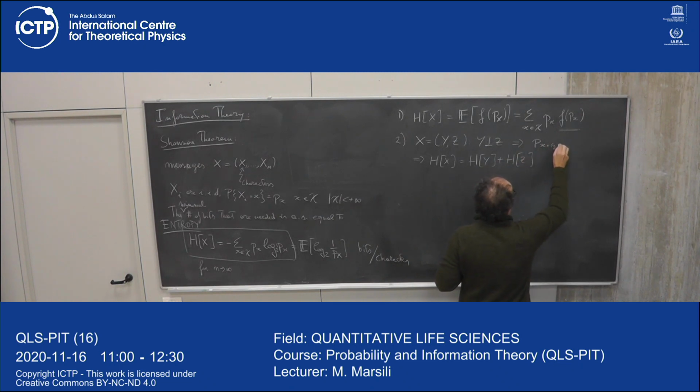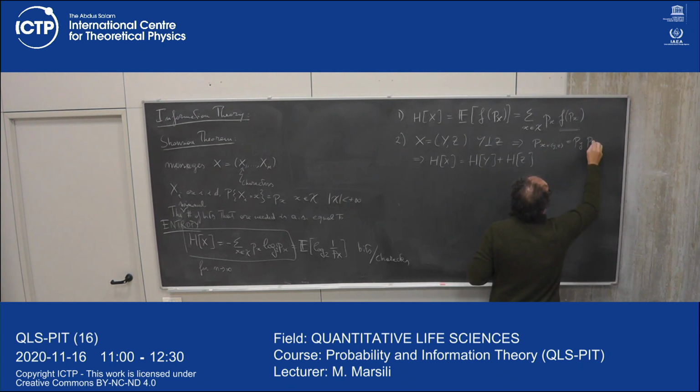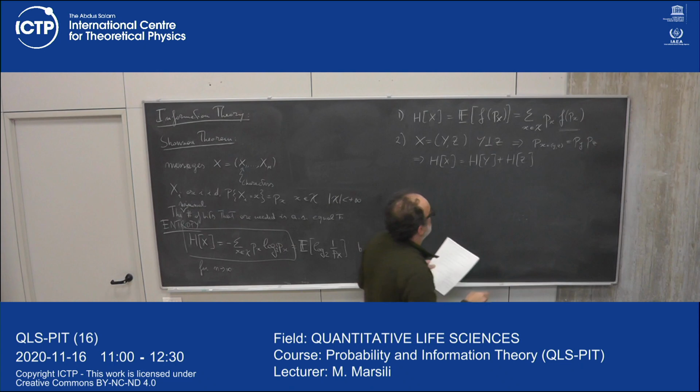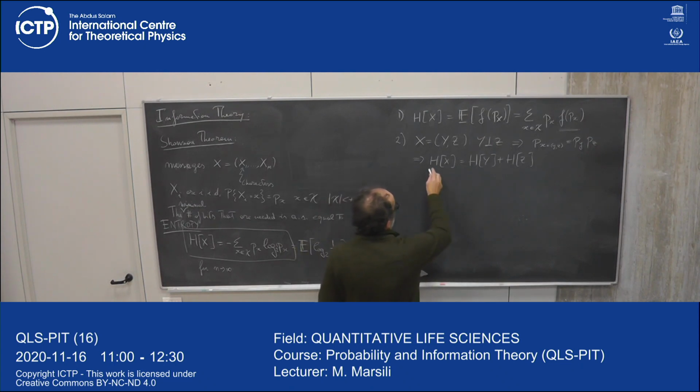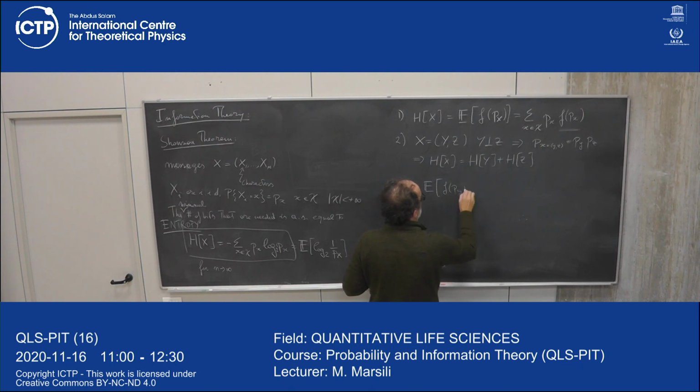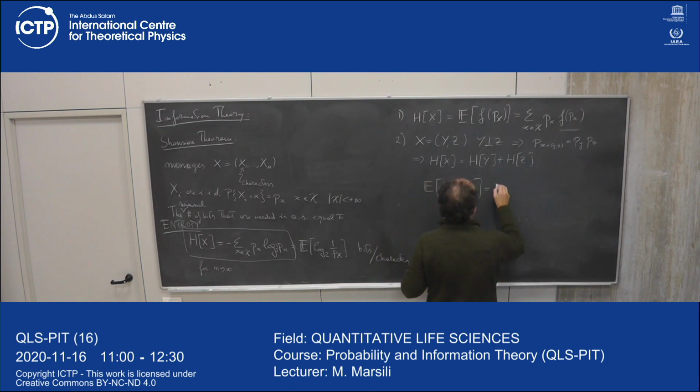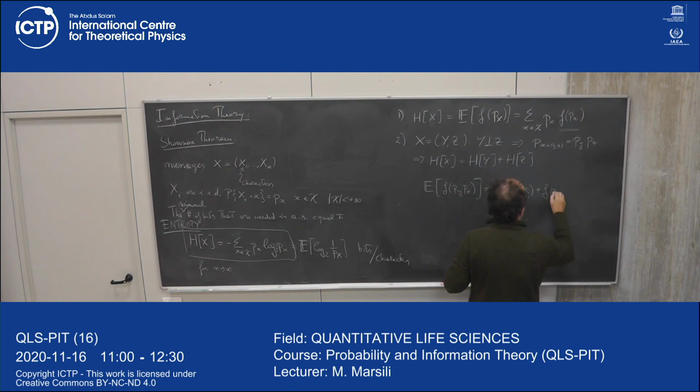Okay, so if you plug this in, this means that the p of x, which is equal to y and z, must be equal to the product of p of y times p of z. And if you take this definition, this tells you that the expected value of f of p_y p_z must be equal to the expected value of f of p of y plus f of p of z.